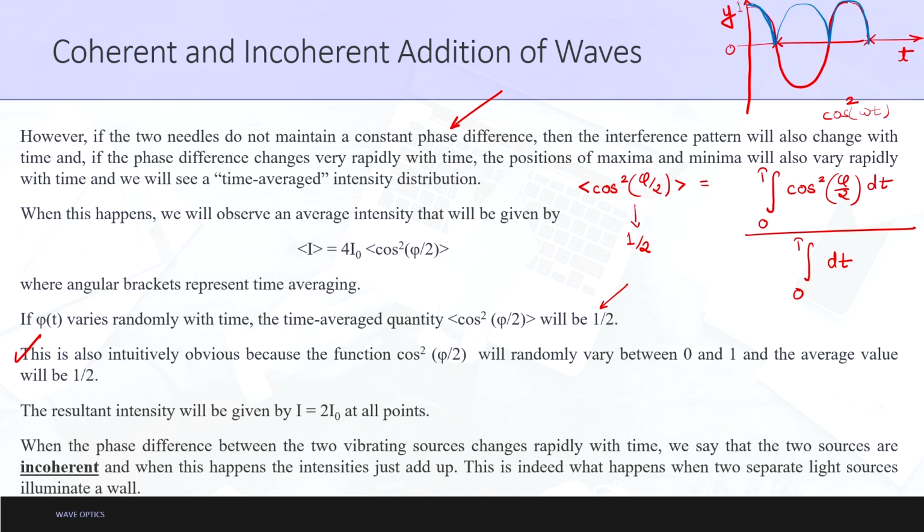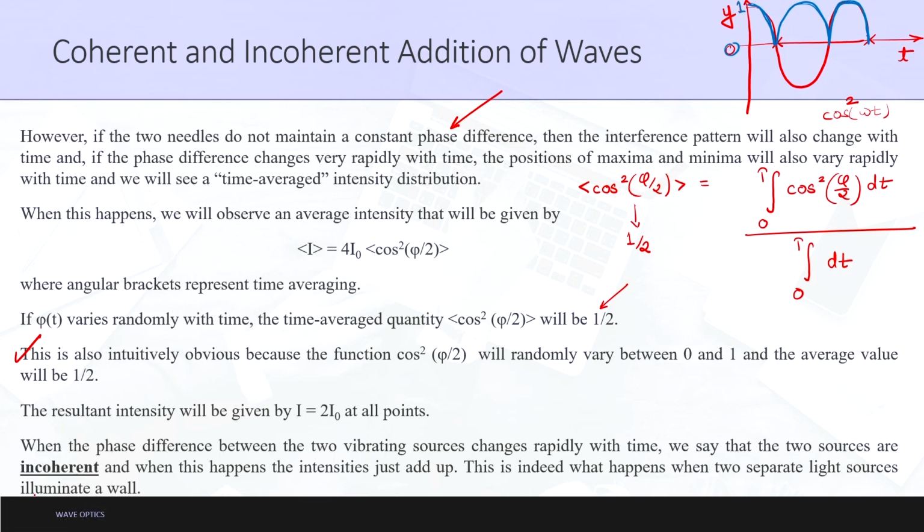Now as the value is always between 0 and 1, if you try to find out the averaging part, then as you can see it is always between 0 and 1. So, when we average it completely over the complete time, we will find the value between 0 and 1 only, and hence the value will be 1 by 2. This is nothing but a presumption, or a way to intuitively guess what the average value will be. But for mathematical formulation, you need to find the value of time averaging like this only.